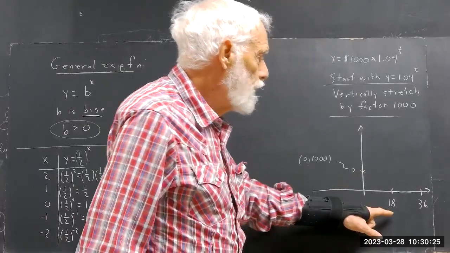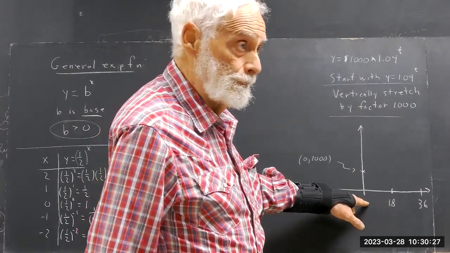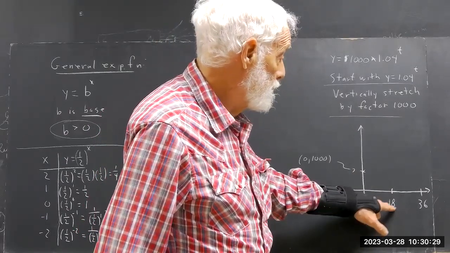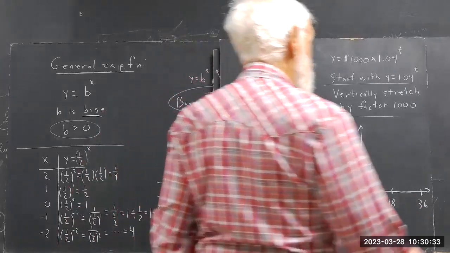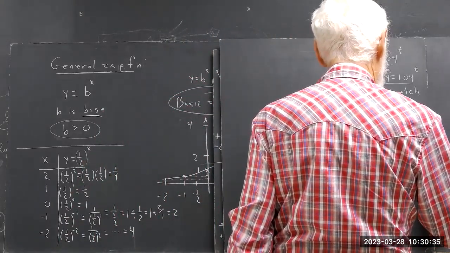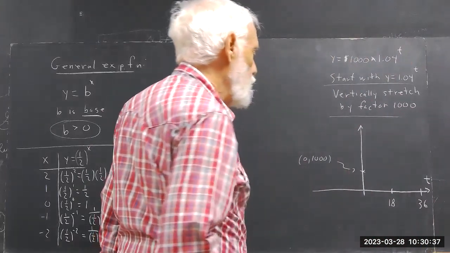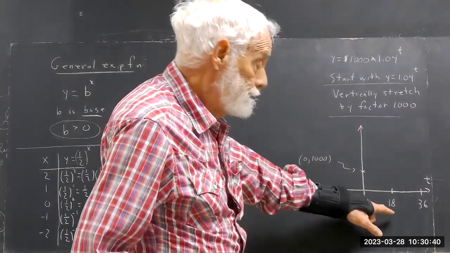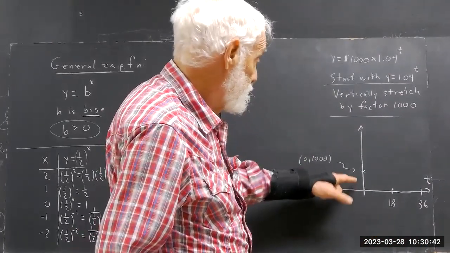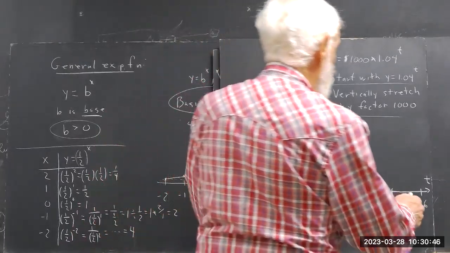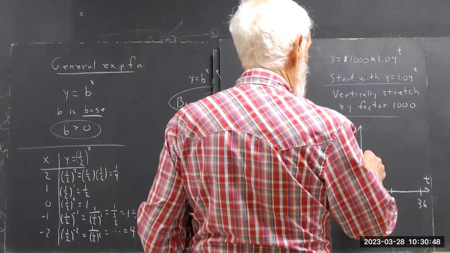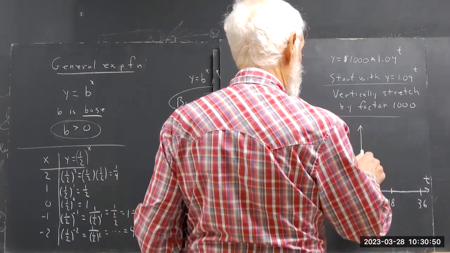The value of y doubles every time t changes by 18, approximately. So if y doubles, what's it going to be? y doubles every time t changes by 18. So here's 1,000.